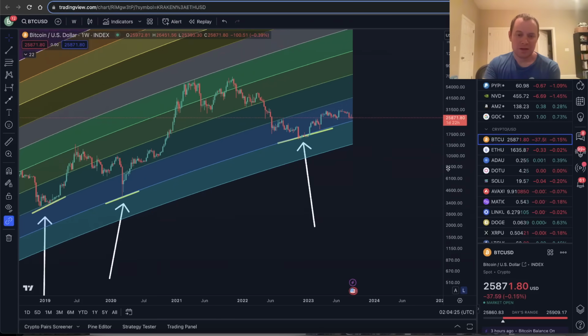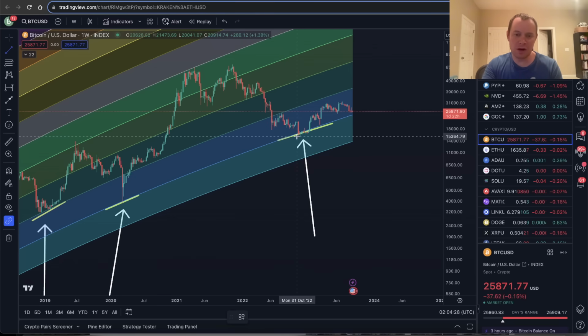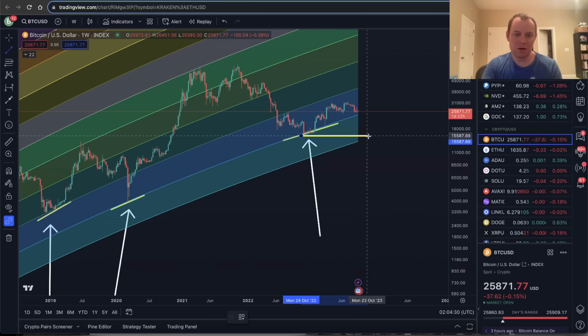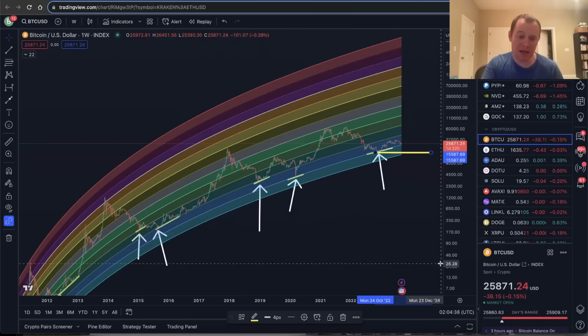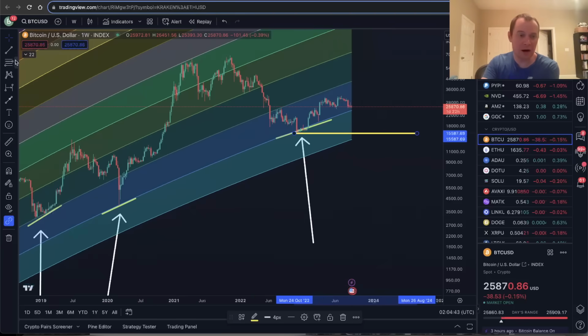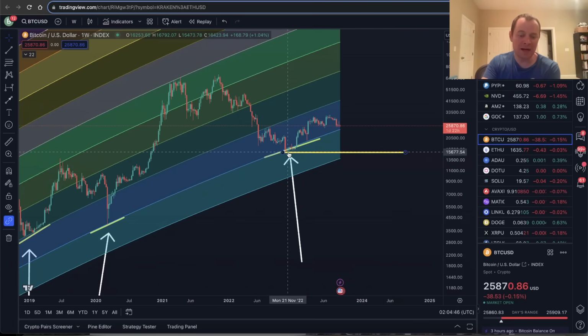Well, if you were to draw a horizontal line across from where this prior low was, you can see that the price corresponding to that lower regression band, which we've always hit in every prior secondary scare, is actually currently lower than the price we hit back in November of 2022. But not by much. In fact, it's currently sitting at around 13.8K, just below $14,000. That's curious, don't you think?